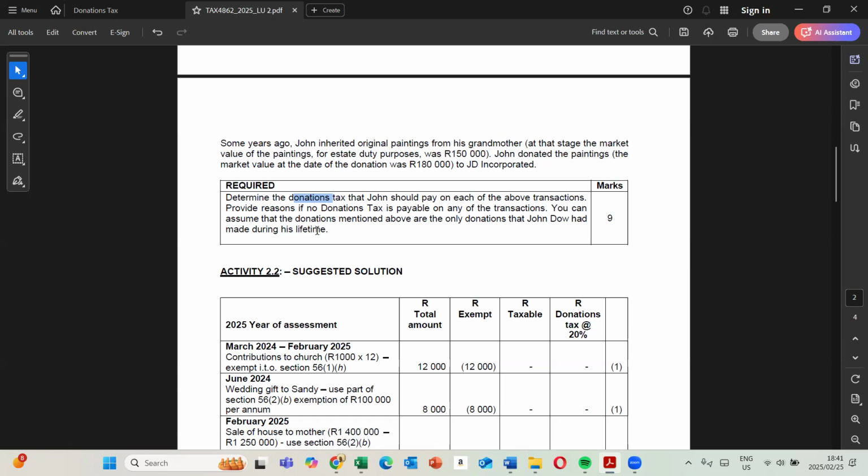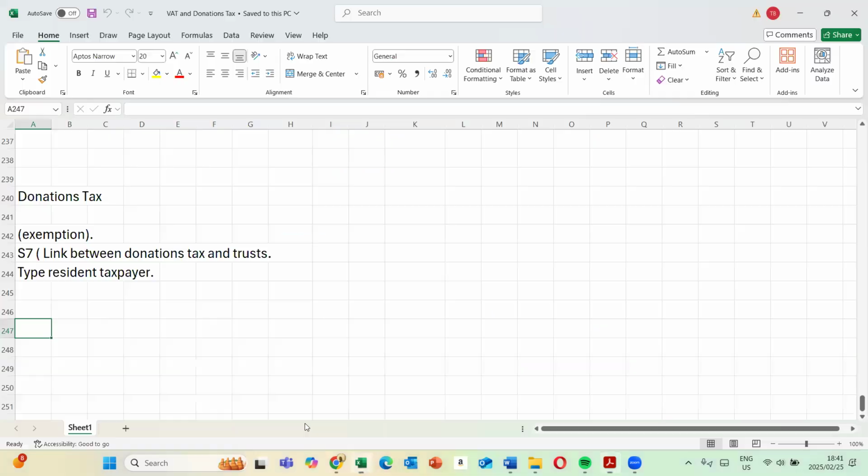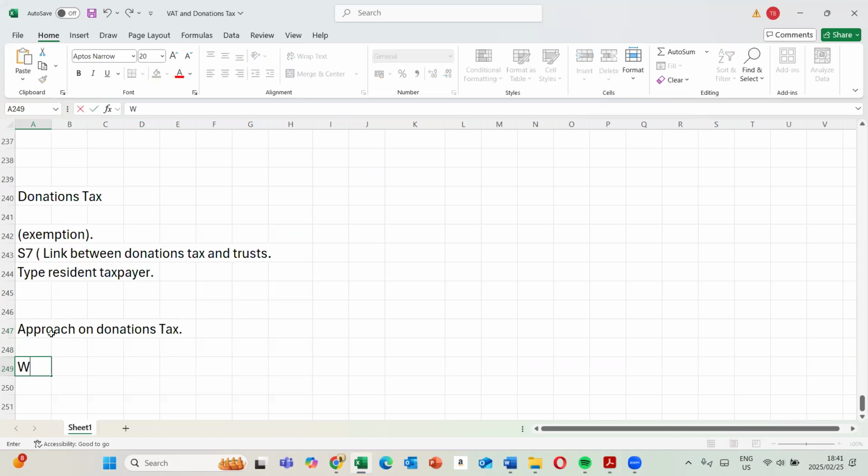Before you start answering the question, it's crucial that we understand the list of items which are exempt from donations tax.